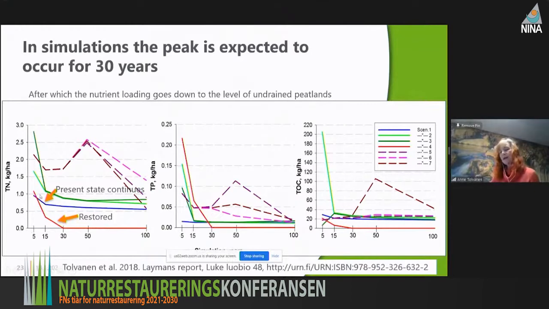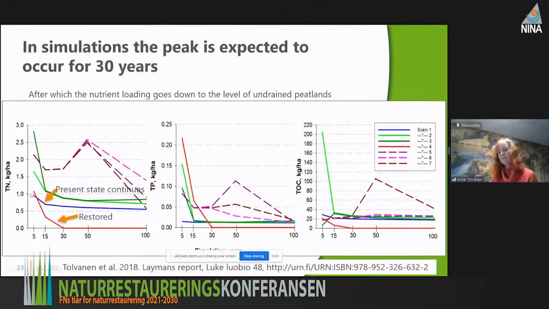You can see that according to the present knowledge, which is not quite complete, there are contradictory results also, but this is what we used as the basis of our models: that the nutrient runoff continues in drainage areas, even though it may be decades since the draining. As long as the ditches are open, there is some material coming out from the peatlands, polluting the waters.